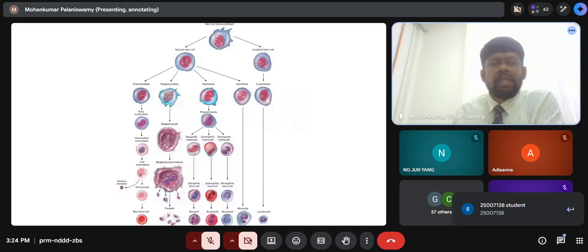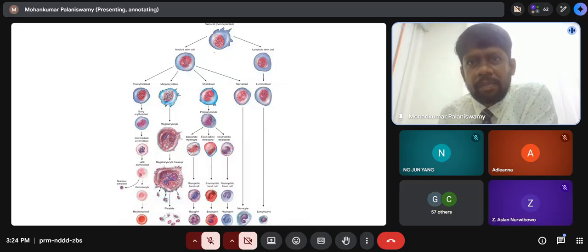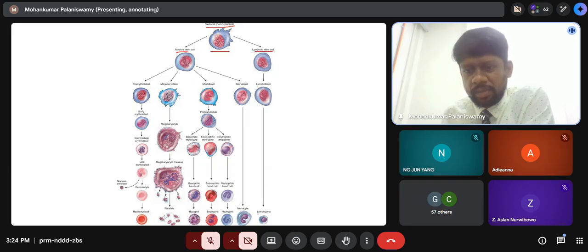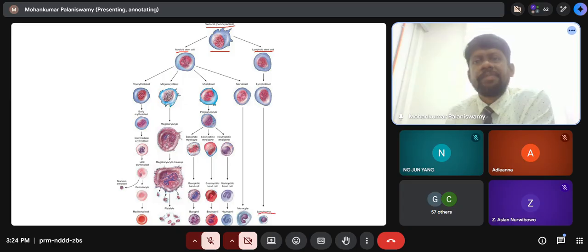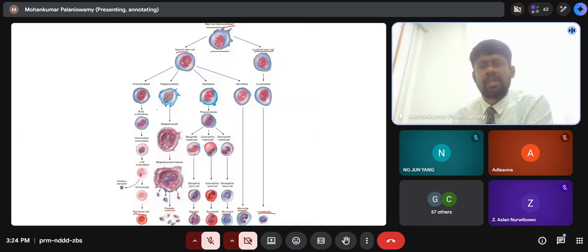Okay, and here is the picture. Here we have the parent cell, the precursor cell, that is hemocytoblast, right? This gets proliferated into either myeloid stem cell or lymphoid stem cell. If it is the lymphoid stem cell, it leads to production of lymphocytes. If it is a myeloid stem cell, it leads to the production of either RBC, platelet, or basophil, eosinophil, neutrophil, monocyte.